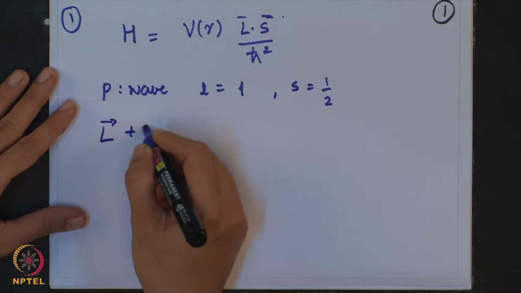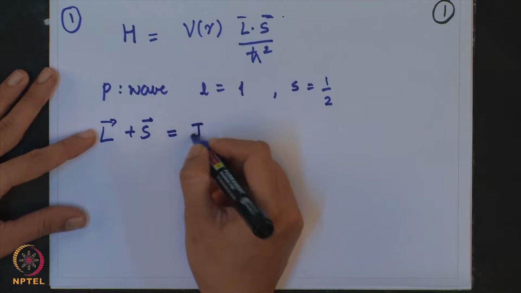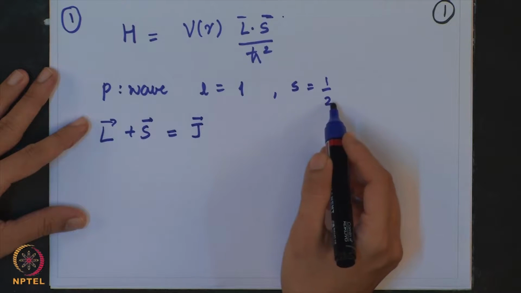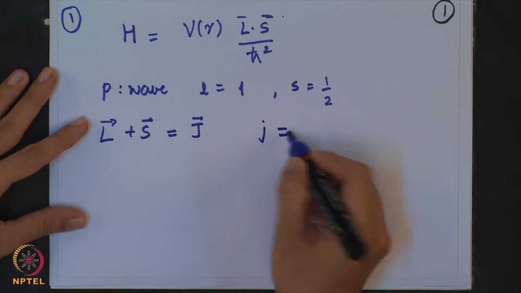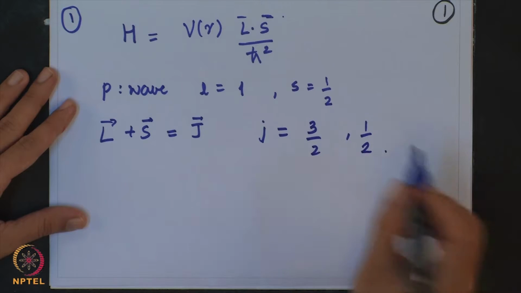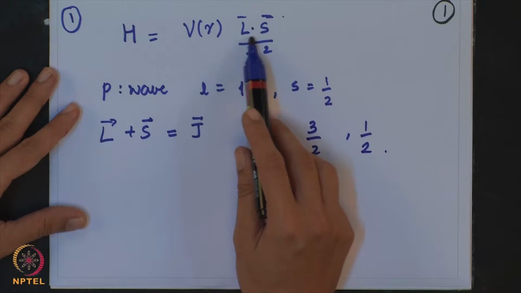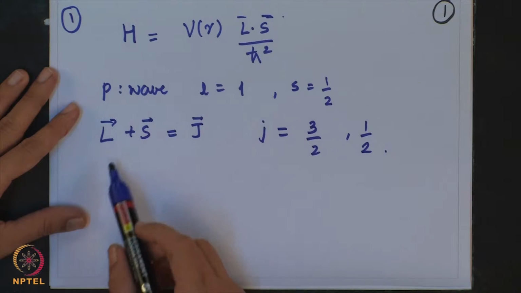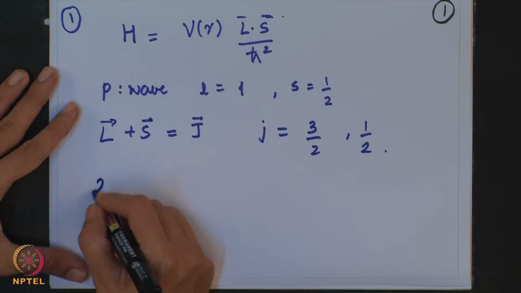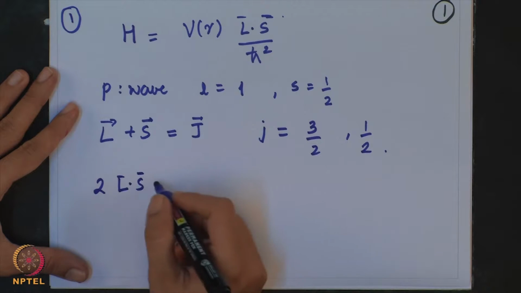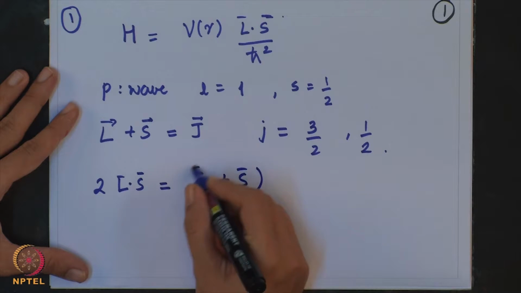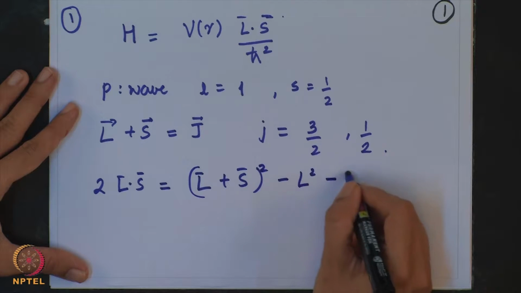When you talk about this coupled system, L plus S is J. So, now with L is equal to 1, S is equal to half, J can take values 3 by 2 and half. Now, we need to write L dot S in terms of L, S and J. So, how can we do that? 2 times L dot S is (L plus S) the whole square minus L square minus S square.